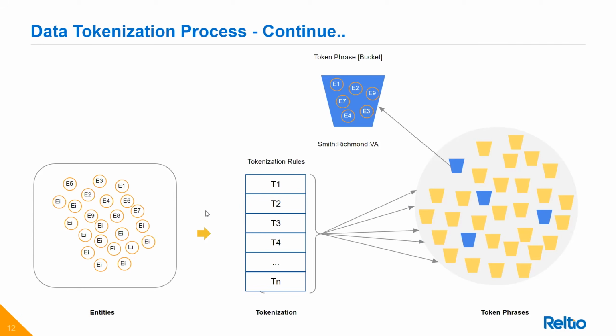So if you see something is not matching, the first thing you have to look for is whether they are in the same bucket, because for matching, this is the universe. Then it executes matching on this bucket, goes to the next bucket, executes matching on that, and goes through the entire list of buckets. If two records are not part of the same bucket or same token phrases, they will never ever match.